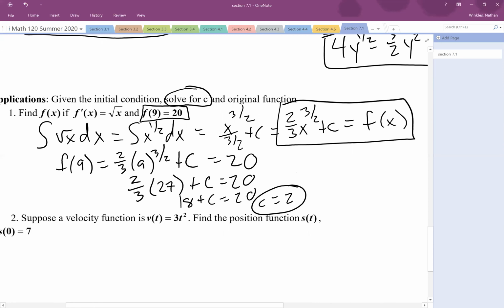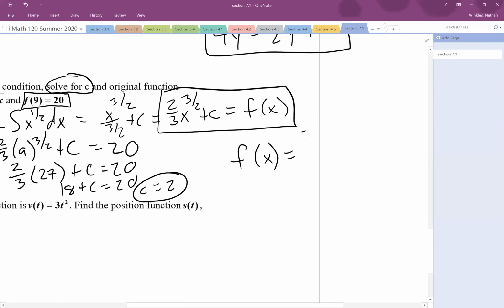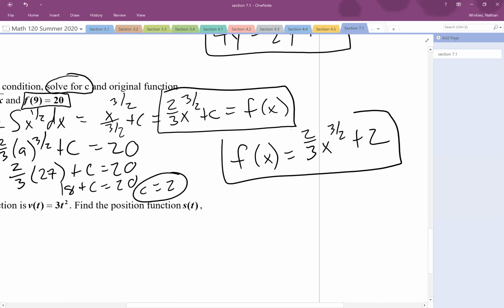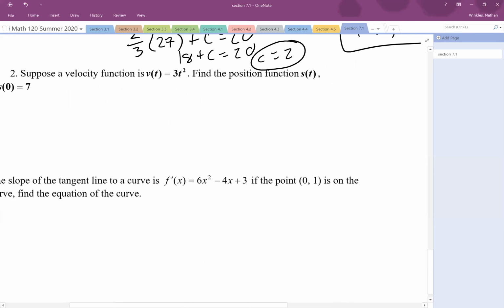So really, what we have here is that f of x is equal to 2/3 x to the 3/2 plus 2 would be our answer, because we needed to solve all the way for c inside of this problem.